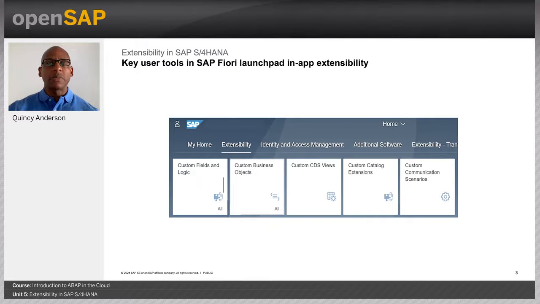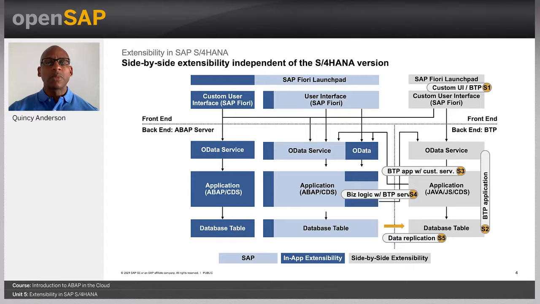Finally, on this screen, we see side-by-side extensions. One of the key distinguishing characteristics of side-by-side extensions is that they are implemented outside the scope of SAP S/4HANA, and as a result, remote communication between the extension and SAP S/4HANA is required.